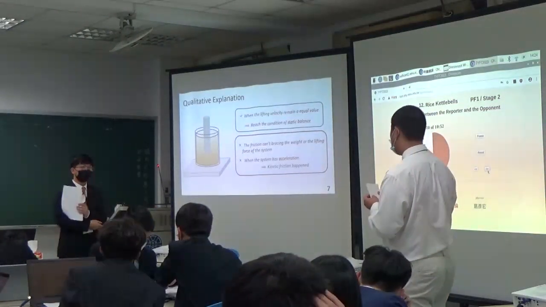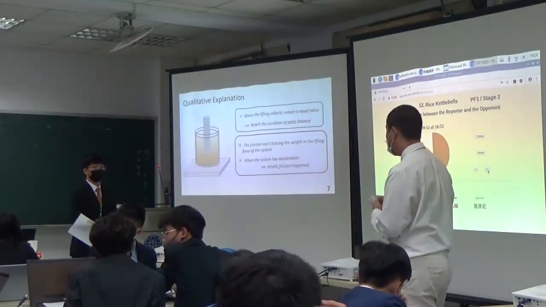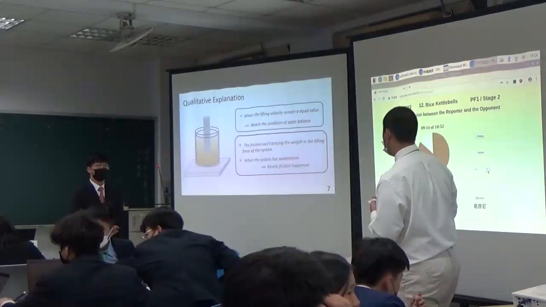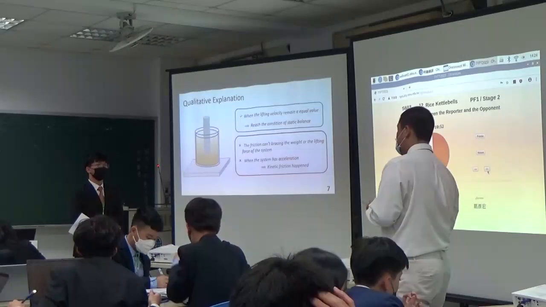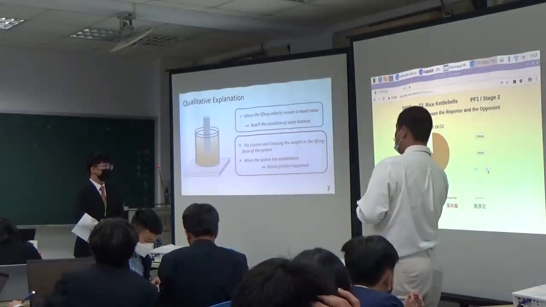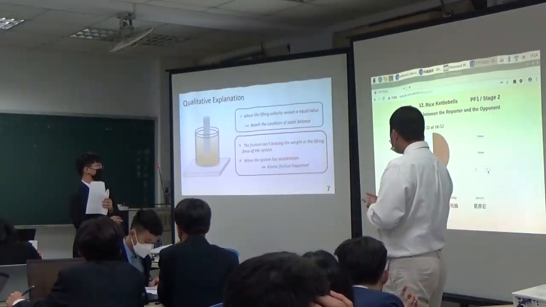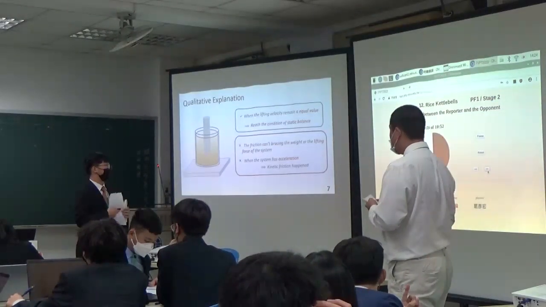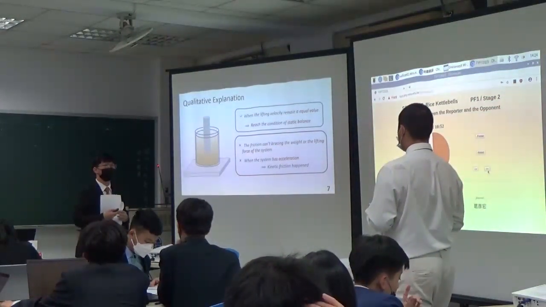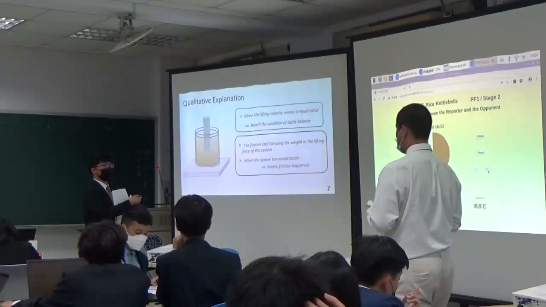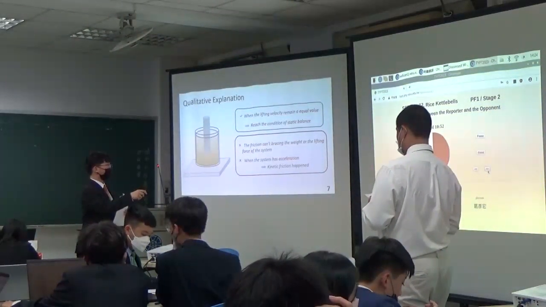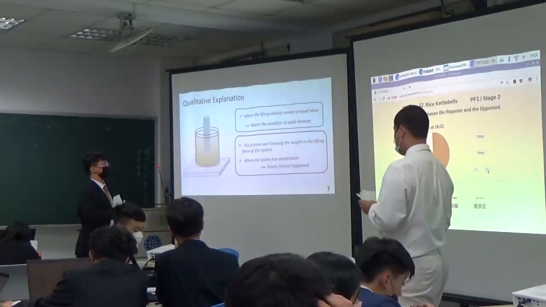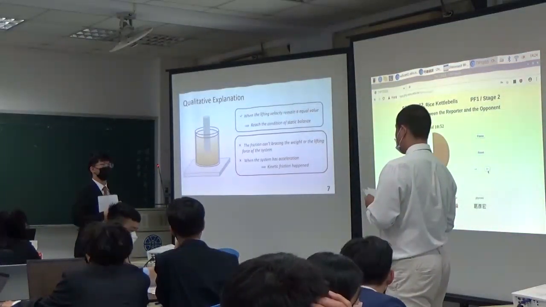So do you mean that if it has an acceleration, the result will be entirely different? Yes, and the problem statement has no mention that we must use an acceleration system. So in the theory part we only consider the lifting velocity remaining at an equal value, which means that this is a steady state system.